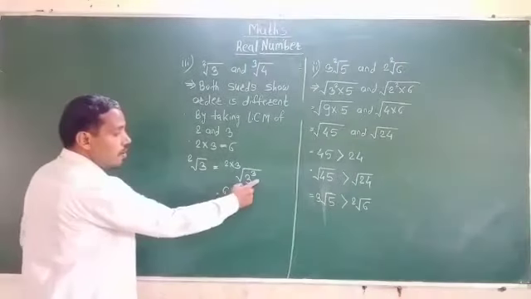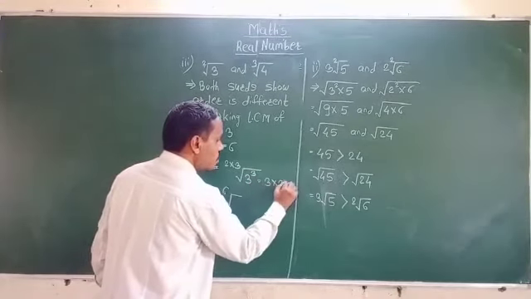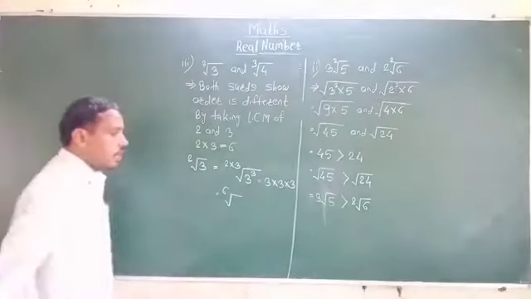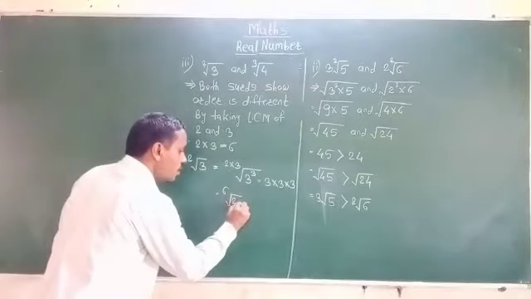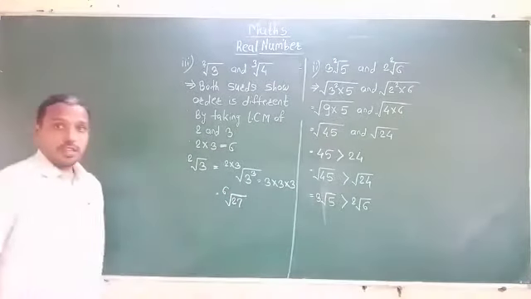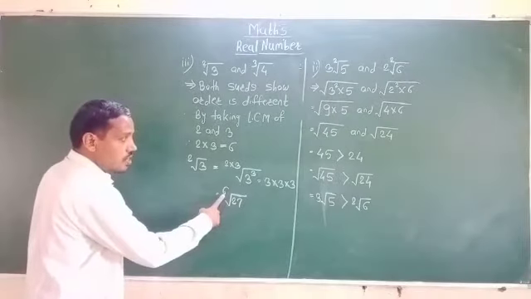What is the value of the third power of 3? We multiply 3 times 3 times 3. 3 threes are 9, 9 threes are 27. That means the new surd is the sixth root of 27.